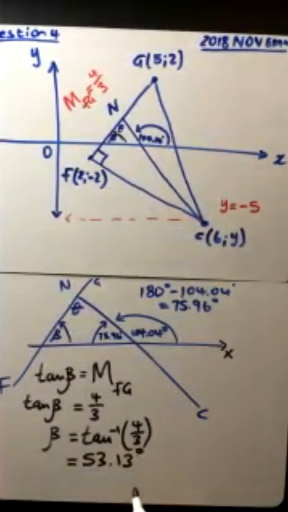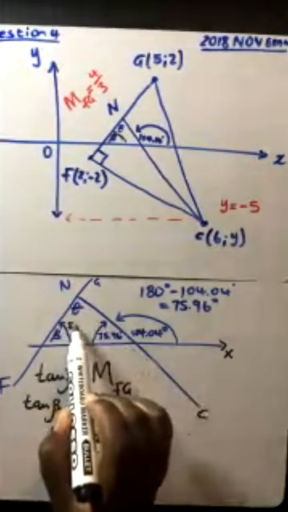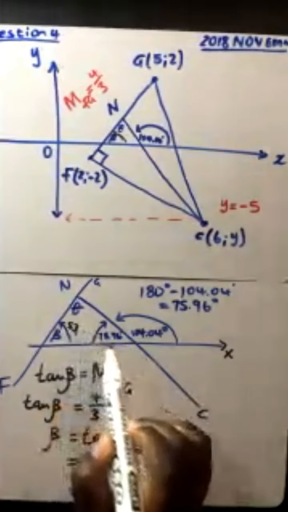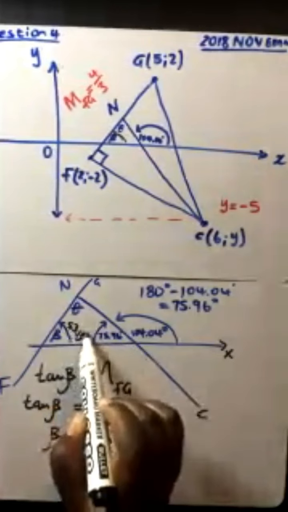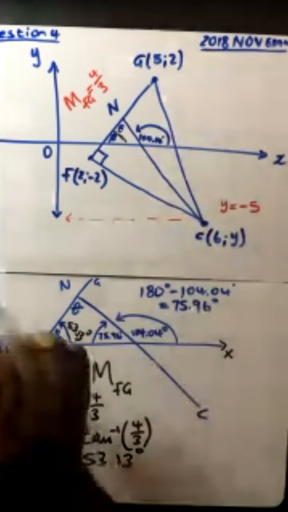So now it means we've got two angles within a triangle. Guys, is there a rule that we can use to calculate angle theta, which is what the question wants us to calculate?